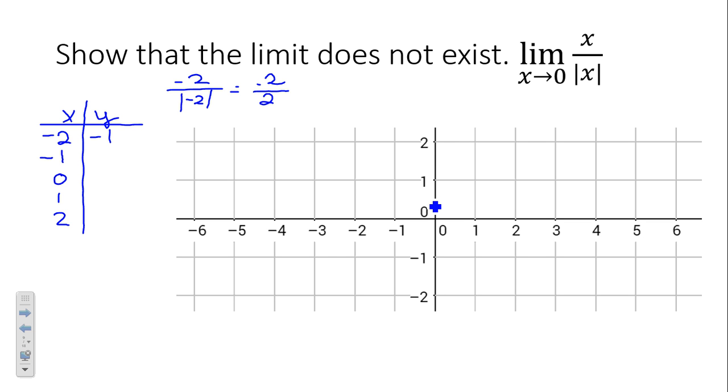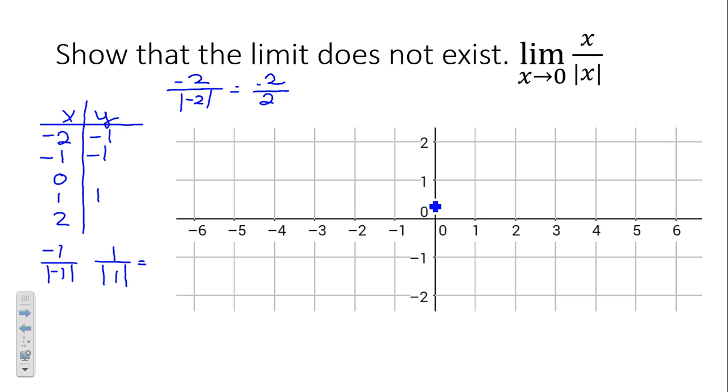Okay. What about negative 1? What will we get? Negative 1. 0 is undefined. That's why we're trying to use the limit to find this value. What happens when we plug in 1? 1, right?